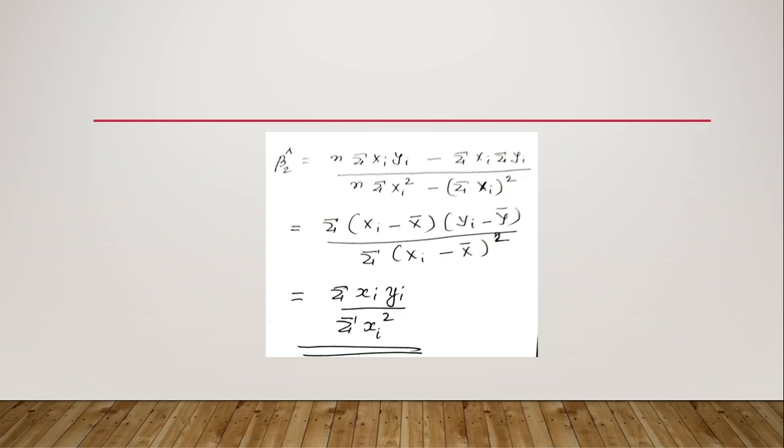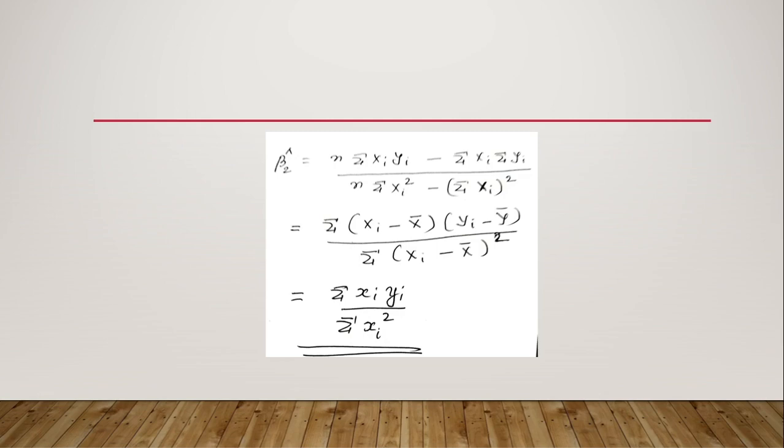When we expand this, we get beta 2 hat is equal to sigma capital Xi minus x bar into capital Yi minus y bar, the whole divided by sigma capital Xi minus x bar the whole square, where Xi is the observation of the independent variable x and Yi is the y observation, and x bar is the mean value of x observations and y bar is the mean value of y observations.